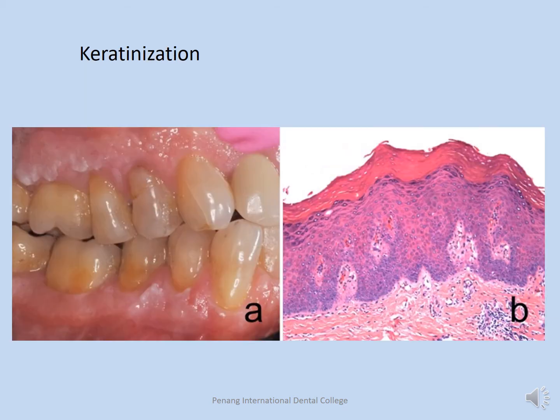The third important reason why you see a change in color in the mucosa could be keratinization. Alright, so when we say keratinization, it appears as a whitish lesion on the mucosa, right?